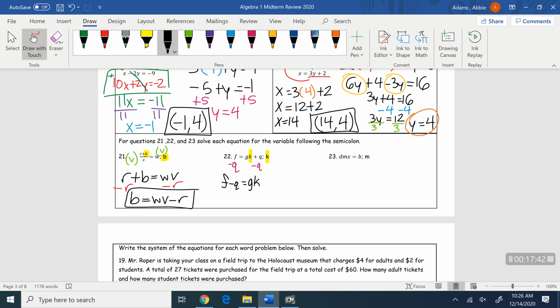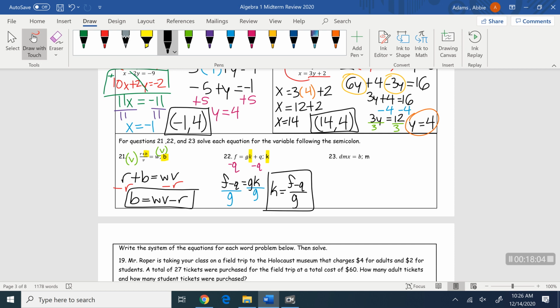Currently g is being multiplied to k, so I have to do my opposite operation. So I'm going to divide both sides by g. To get k isolated by itself in the final equation, k equals (f minus q) divided by g.